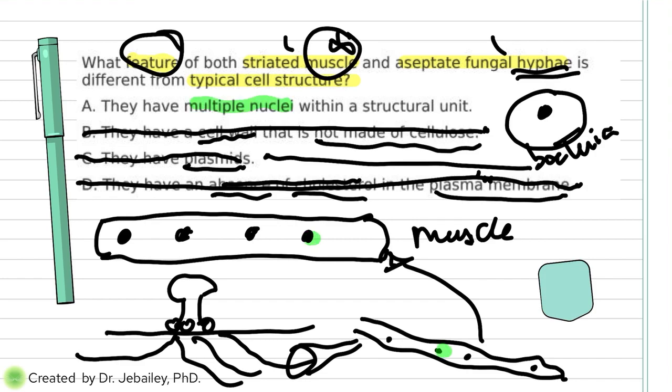They both have multiple nuclei in that one structural unit. So yes, the answer is A. And again, I know that I took longer by canceling these sentences, but always canceling the sentences is very important because it makes sure that you are not choosing an answer that might be right, but there might be another one that is more specific.